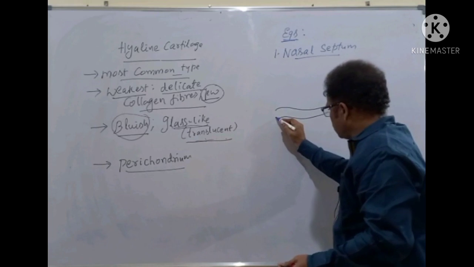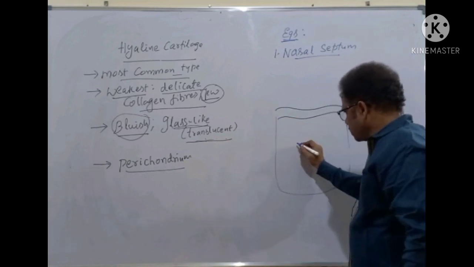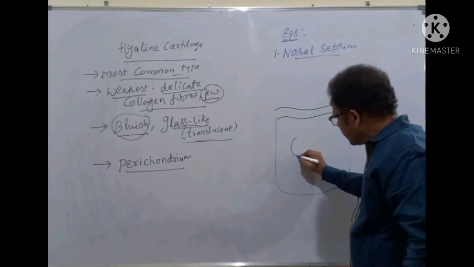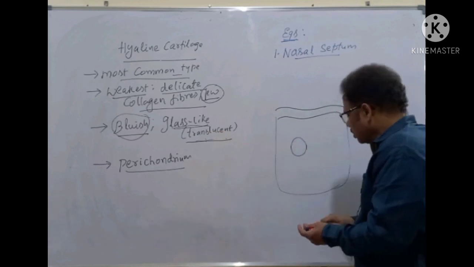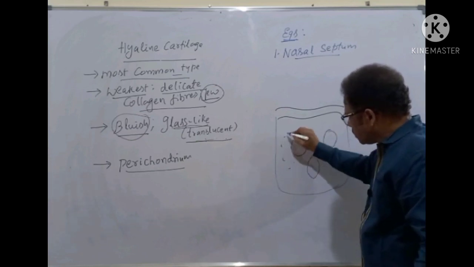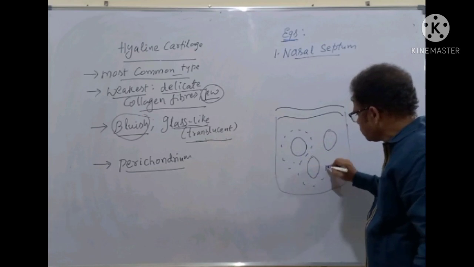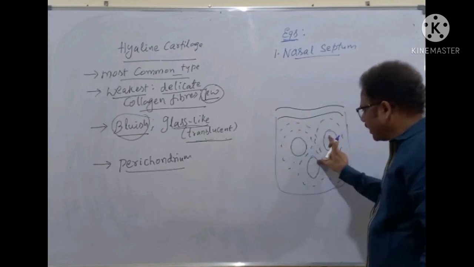And here is the extracellular matrix. Interspaced among the extracellular matrix, the lacunae are present. These are the lacunae. Different lacunae are there.